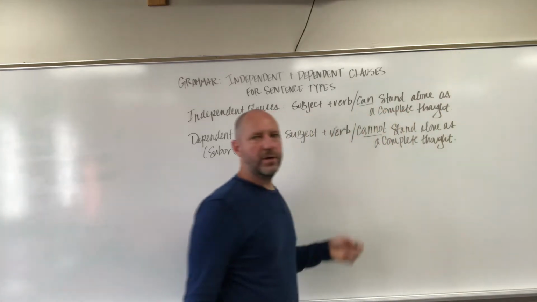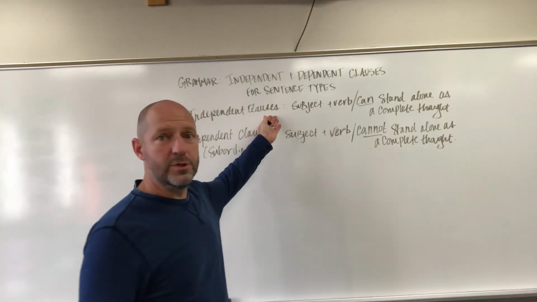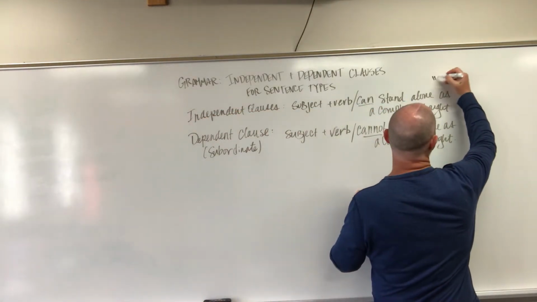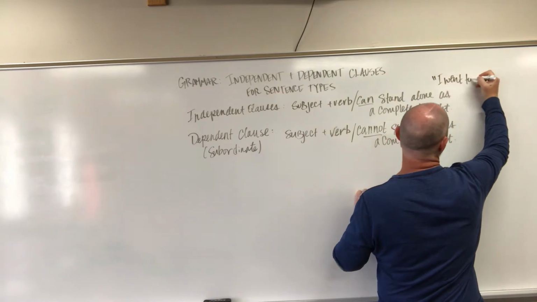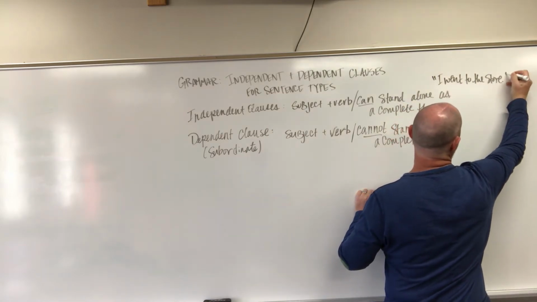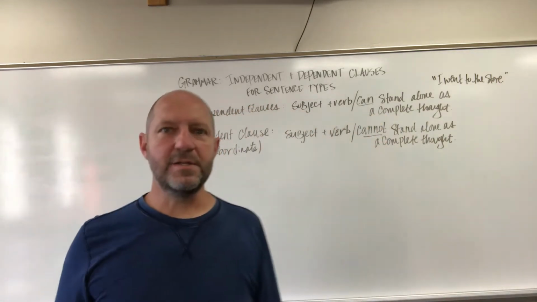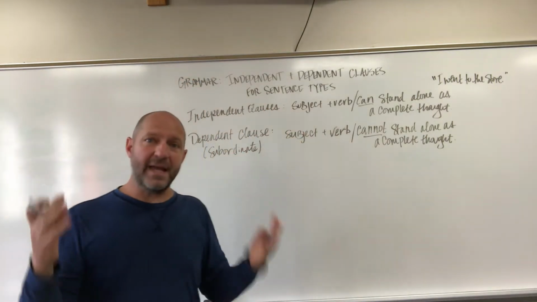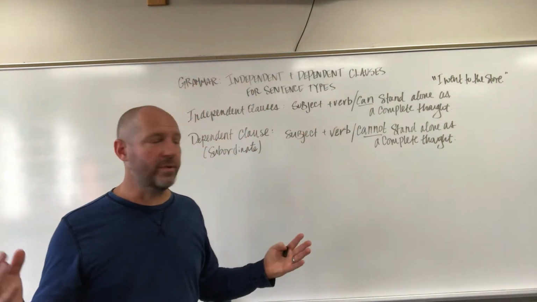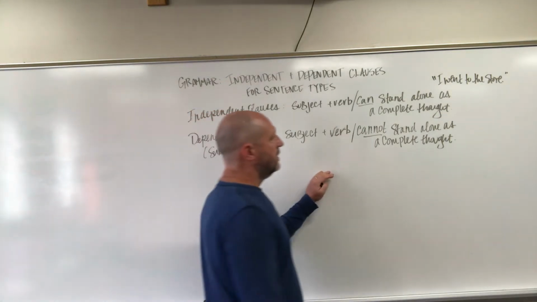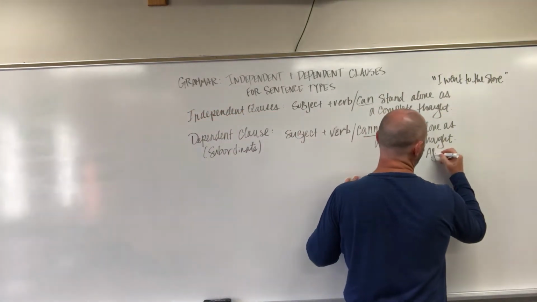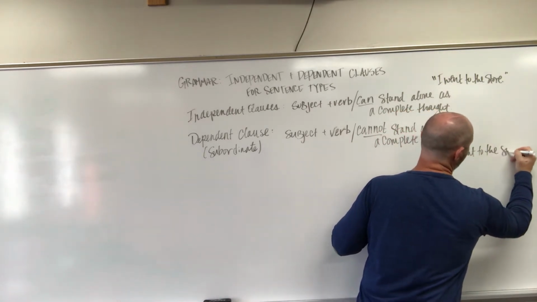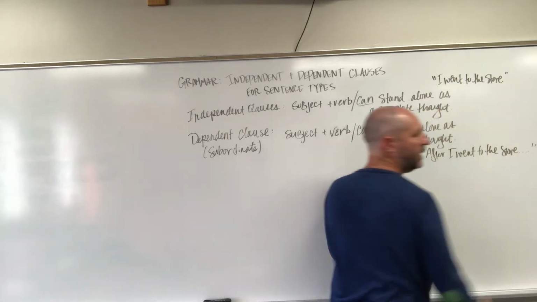Now, I could just give you an example, like, I went to the store. There you go. That is an independent clause. I went: subject, verb. It is a complete thought. It can stand by itself without any help. This one would be like, after I went to the store, it is unfinished.